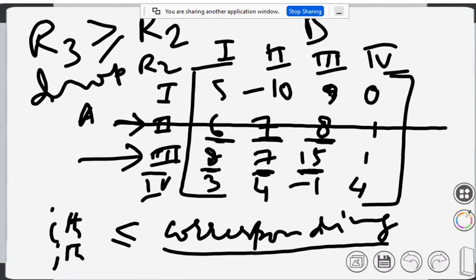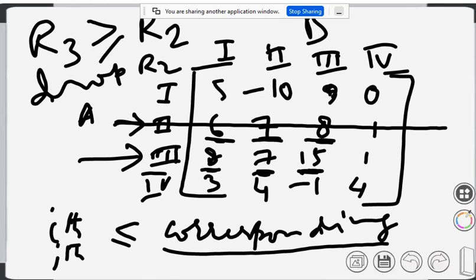If for a particular column, say ith, all the elements of that column are less than or equal to the corresponding elements of any other column, say jth, then the ith column dominates the jth column.